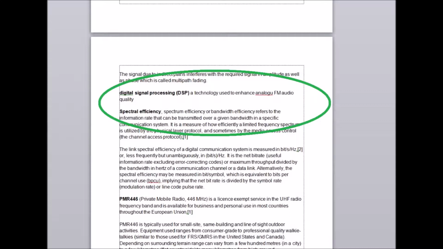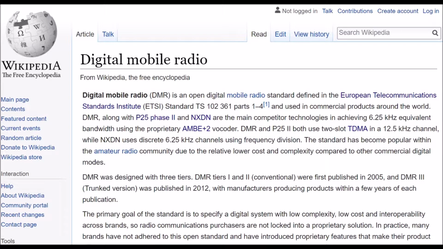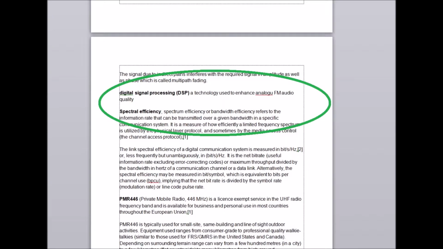And the reason I created a definition is because the Wikipedia article on DMR kind of makes an argument for the advantages of DMR over analog signals. So I thought it was almost necessary to create a separate definition for this concept. That again is digital signal processing, DSP, a technology used to enhance analog FM audio quality.